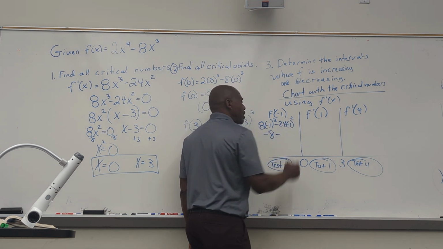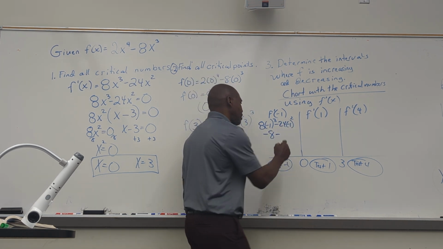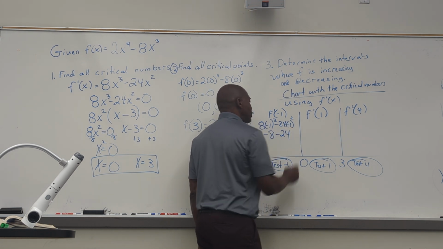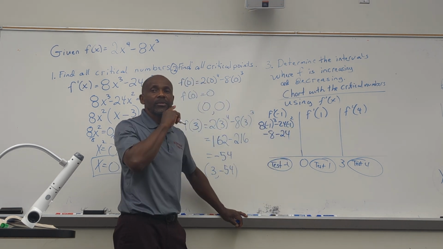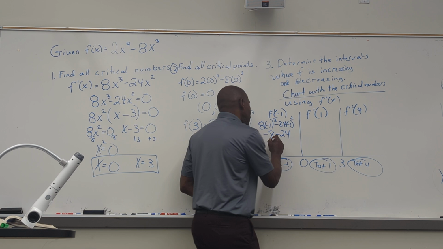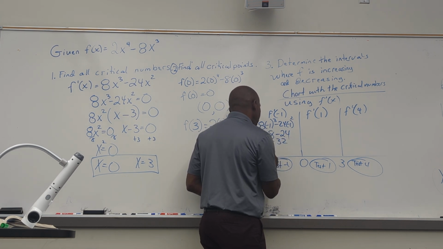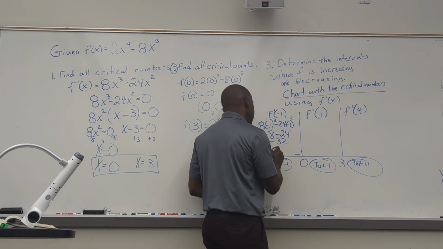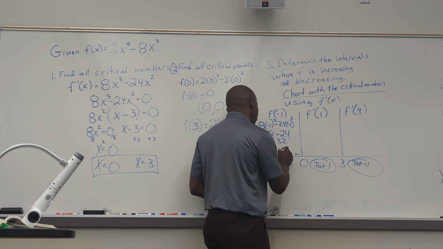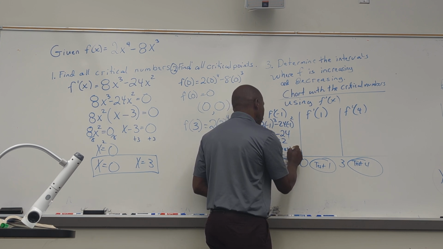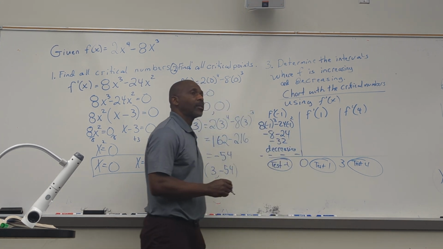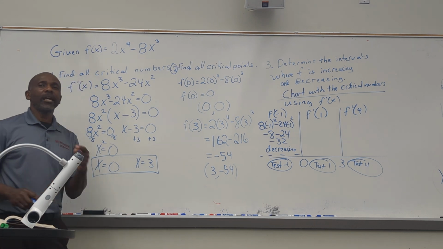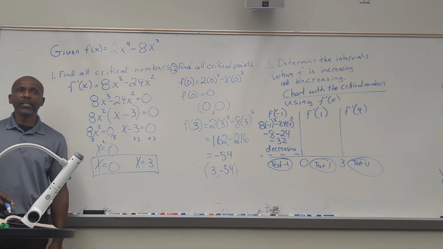And what's 24 times negative 1 squared? Still 24. So this answer here is negative 32, so that's negative. So what's the graph doing here? Decreasing. Because the answer is negative, I know it's doing what? Decreasing.